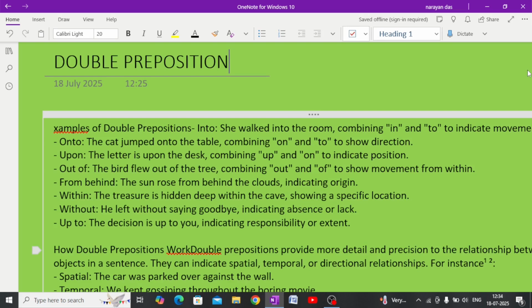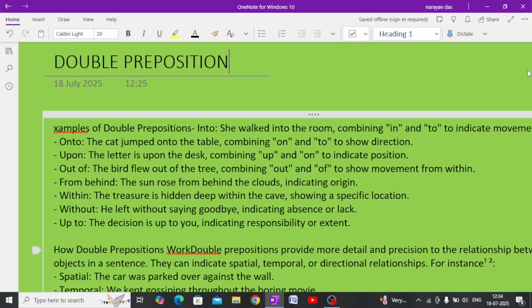Then you can see within. Here also with is a simple preposition and in is another simple preposition. With means association or being with something, and in means inside. The treasure is hidden deep within the cave, that is, inside the cave area, not out of the cave, showing the specific location.